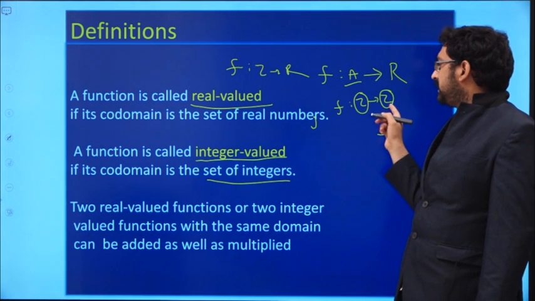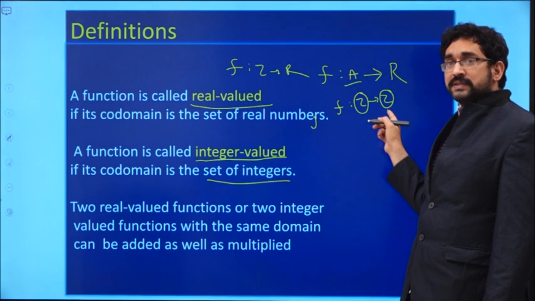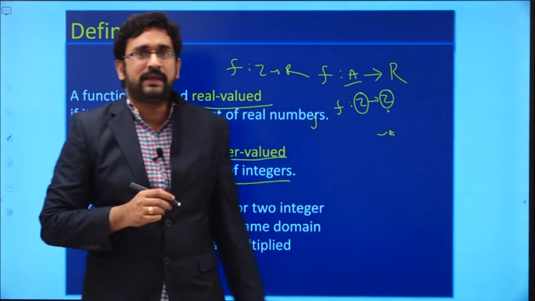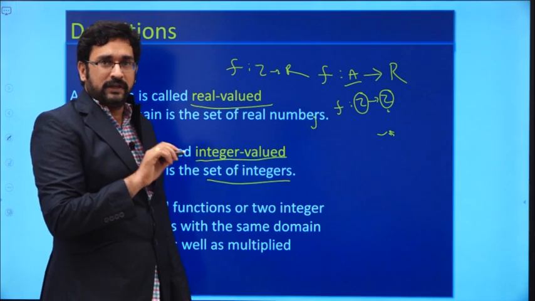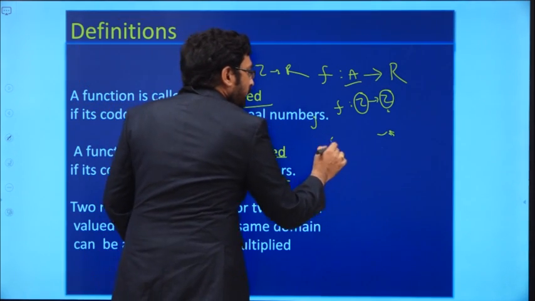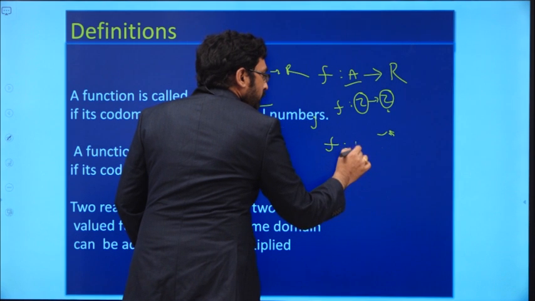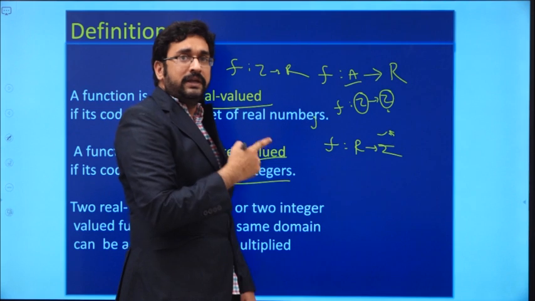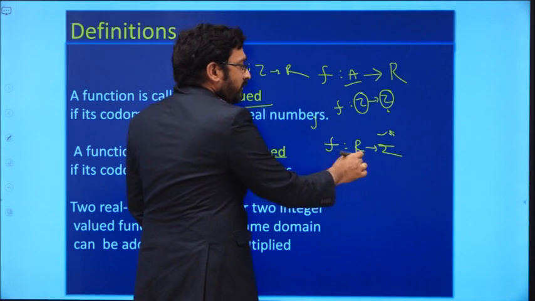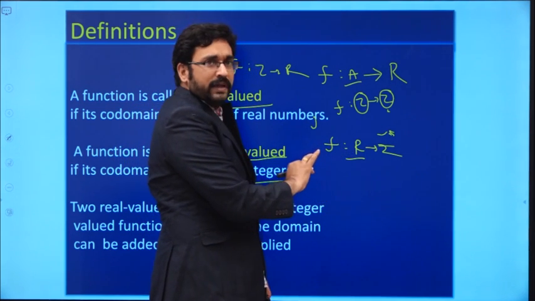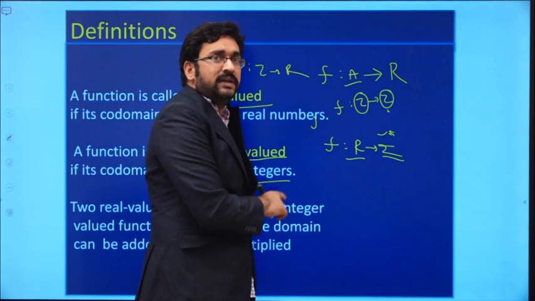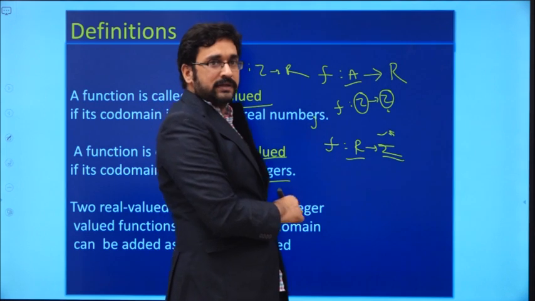As the given function has the set of integers as codomain, we can say that this function f is an example of an integer valued function. Similarly, if f is from R to Z, this is also integer valued, because here the codomain is the set of all integers. So this function is also an integer valued function.